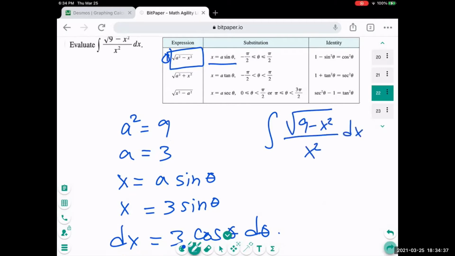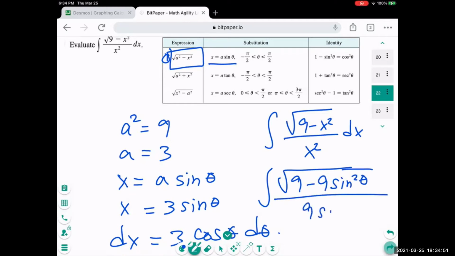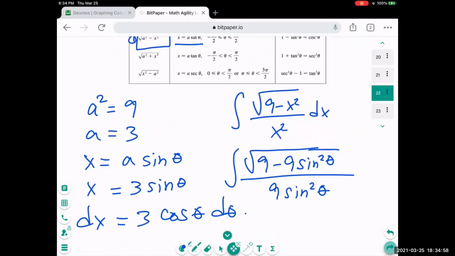So yung 9 minus x squared natin would be 9 minus 9 sine squared theta, right? At yung x squared would be 9 sine squared theta. And yung dx would be 3 cosine theta d theta. So times 3 cosine theta d theta.